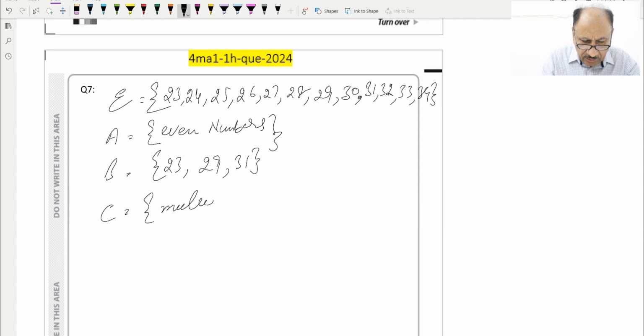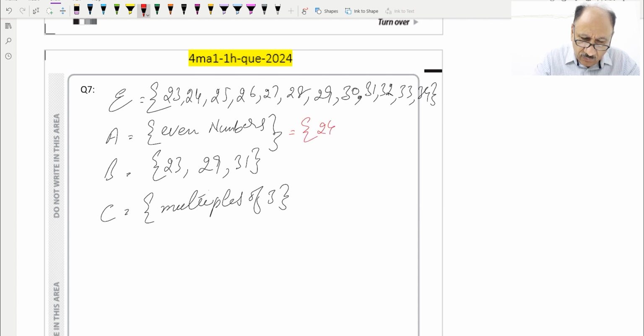So multiples of 3 are in set C. If we want to understand the set of even numbers, what will it be? I'm just writing for your understanding.